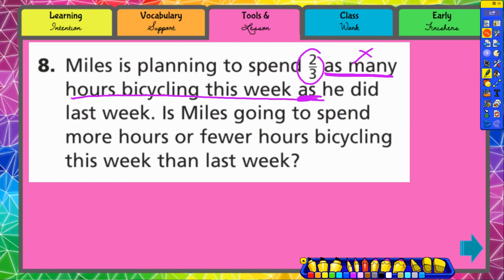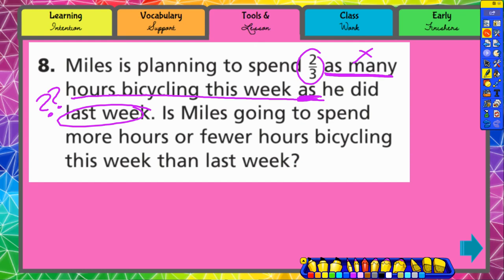I put a big old question mark here. It doesn't tell me how many hours he bicycled last week. It did say hours. I was thinking miles. So it didn't tell me how many hours he spent last week.